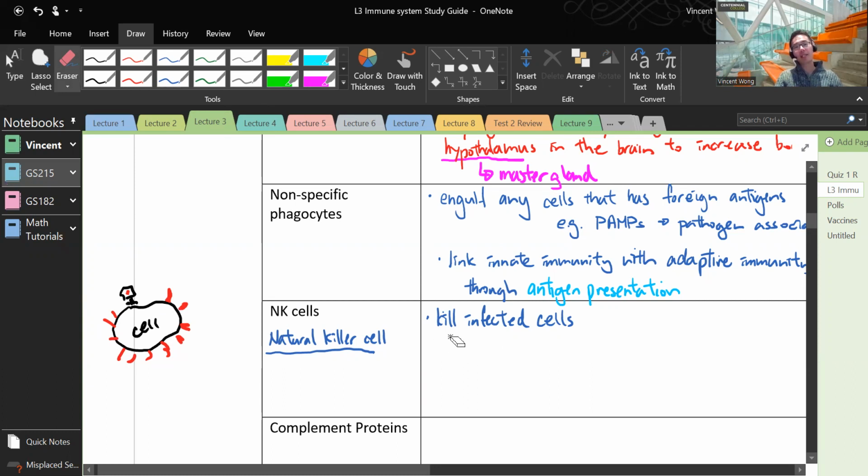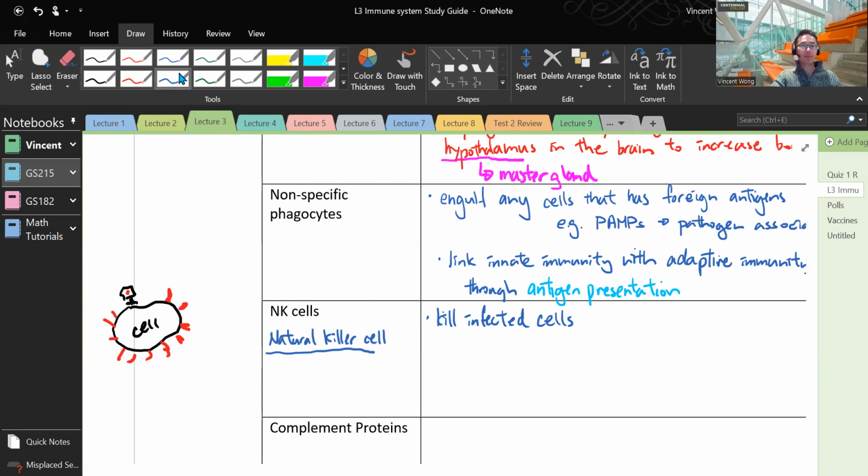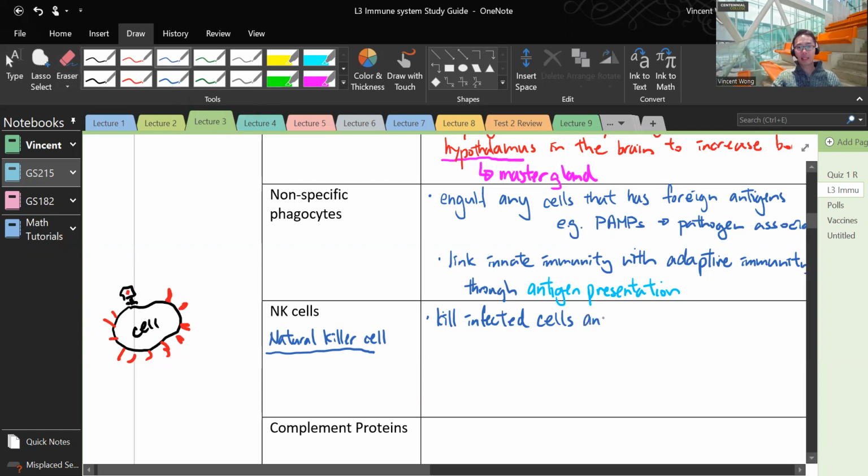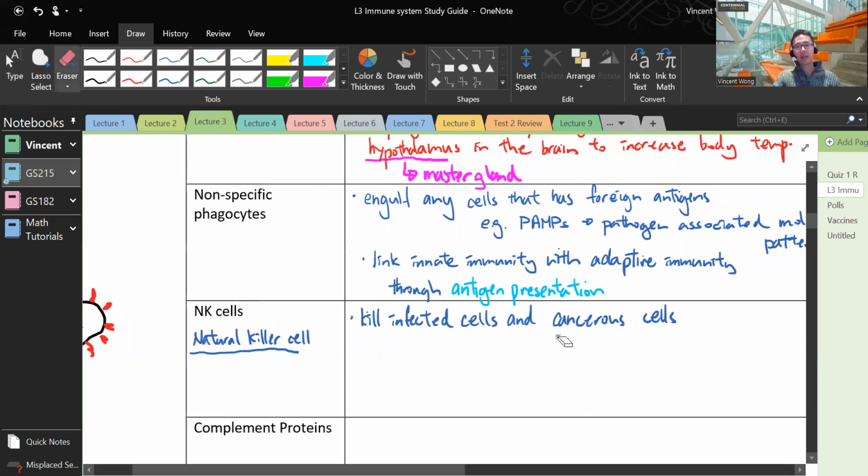In addition to being able to kill infected cells, NK cells are also able to kill cancerous cells, but this is a very limited ability. One of the reasons why it is so hard for the immune system to fight cancer cells is because cancer cells originate from within your body.